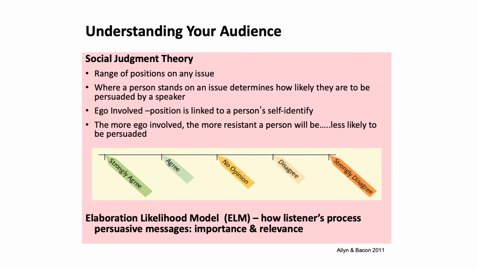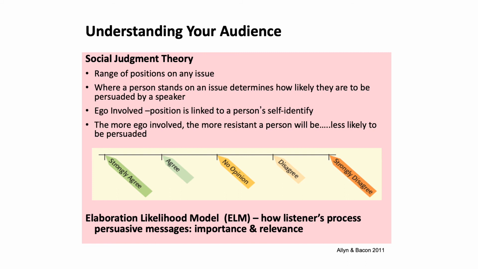Here we have strongly agree, no opinion, or sometimes that's neutral, disagree, strongly disagree. And you need to have the right perspective for your audience. If somebody strongly disagrees with you, it's unrealistic to assume by the end of your speech they're going to strongly agree.